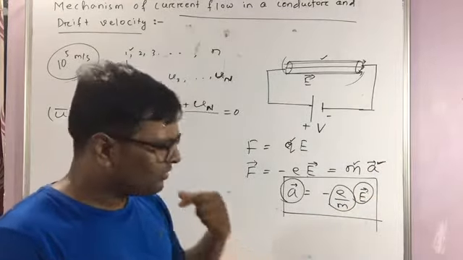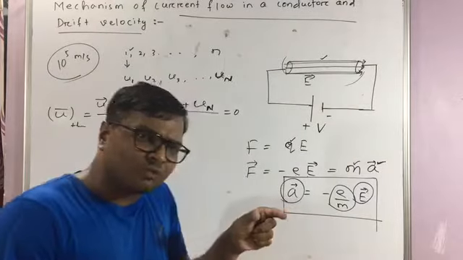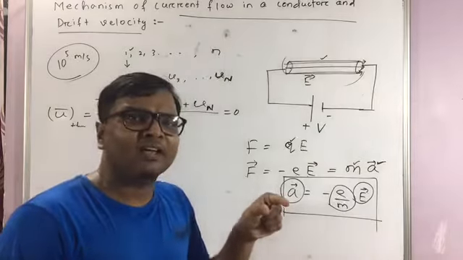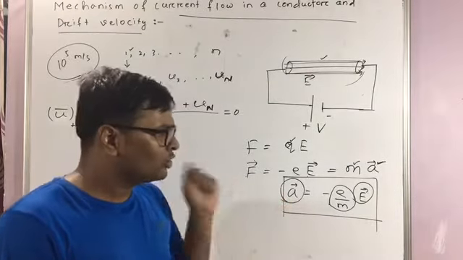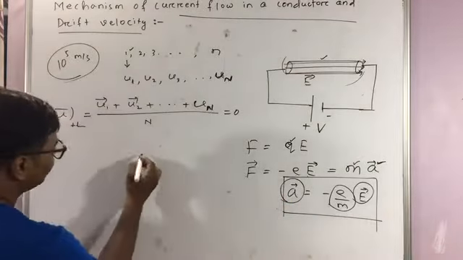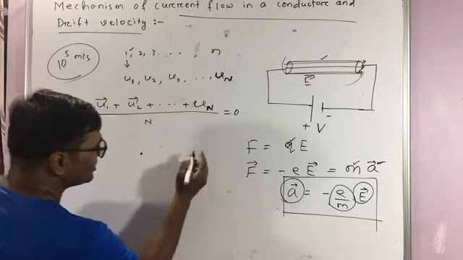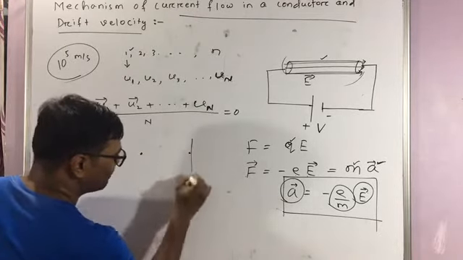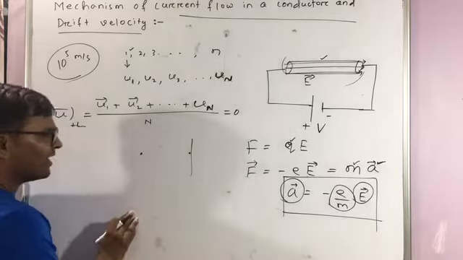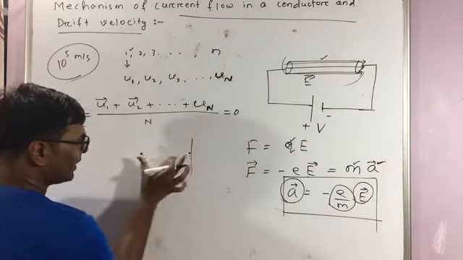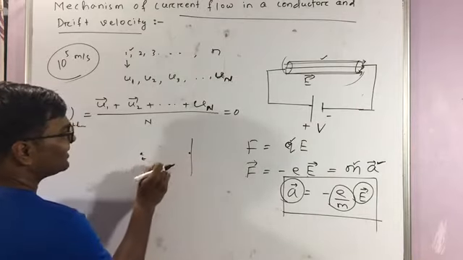Got? So this acceleration lasts for a short period of time, and that time is called relaxation time. Suppose our electron starts its motion from here, and because of that acceleration reaches here and collides with another electron or with the wall of the lattice. In between, the electron is free to move, so it is free and relaxed.